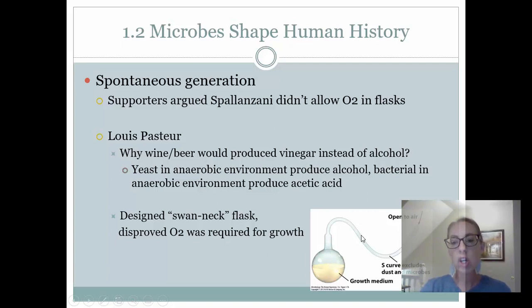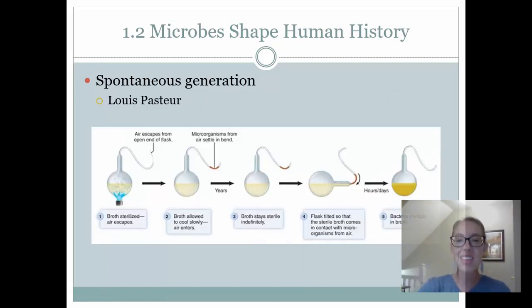But this curved swan neck flask, which is an open glass tube like a straw that's been bent, is going to allow oxygen in. So this helps to quiet the critics that say, oh, well, you get no growth, but it's because you don't have oxygen. Well, now we have oxygen, and we're going to see that we don't get growth.